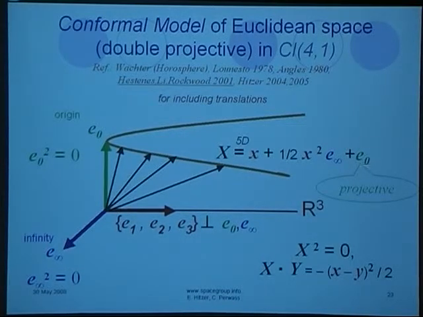And so we use it especially for including translations. So lifting the origin, that's like in projective geometry, so we can represent, for example, arbitrary planes not always passing through the origin. And then we add an extra part. This is E0, and this is called E infinity, and this assures that the square of this vector is 0. And the 2 new vectors are perpendicular to the Euclidean vectors, one for infinity, one for the origin.